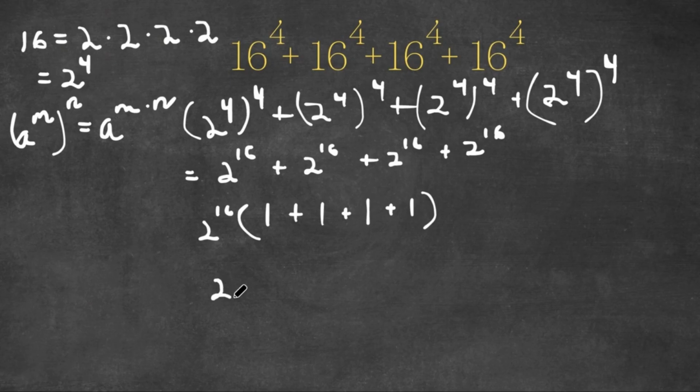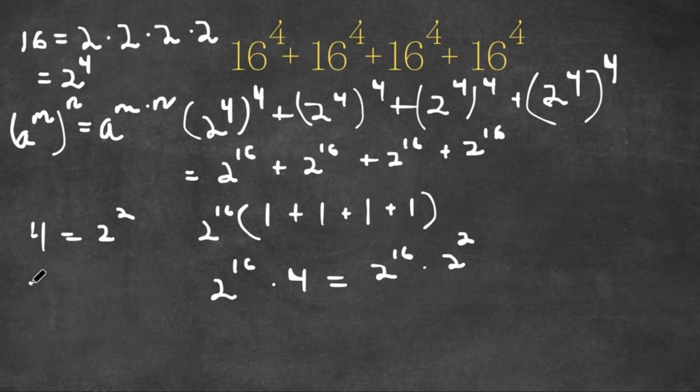So now we have 2 to the power of 16 times 4. Well, 4 is the same thing as 2 squared, right? 4 is equal to 2 squared. So this would be equal to 2 to the power of 16 times 2 to the power of 2.